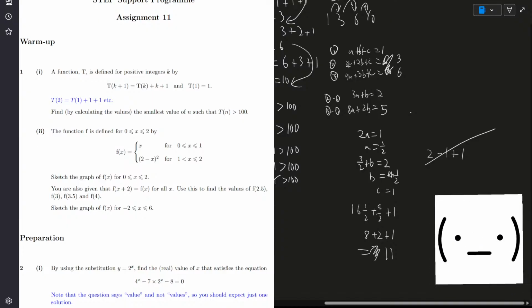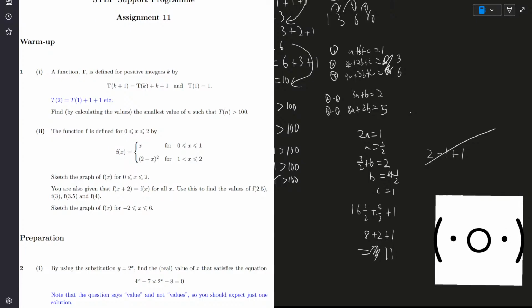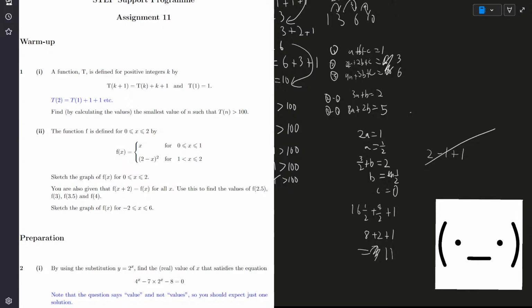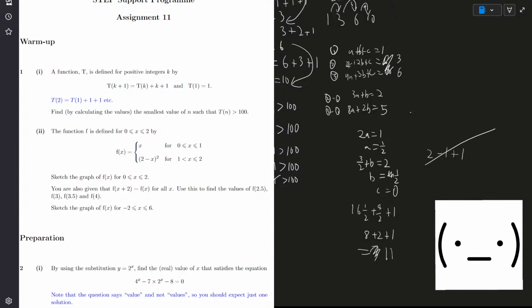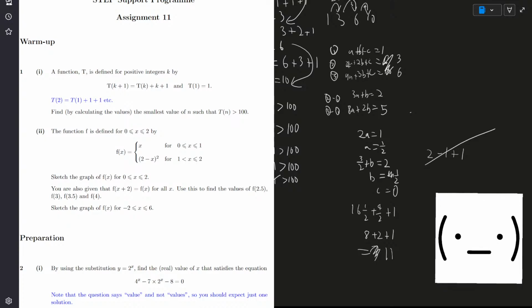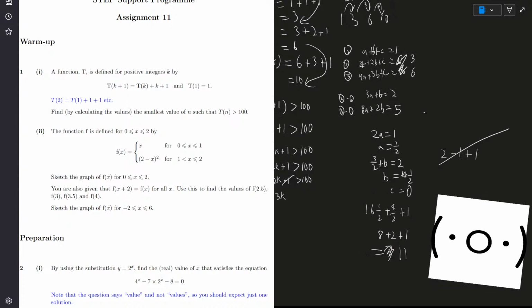Yay! Oh, because if this is wrong, then C is 0. Yay! Okay, no, this is right.